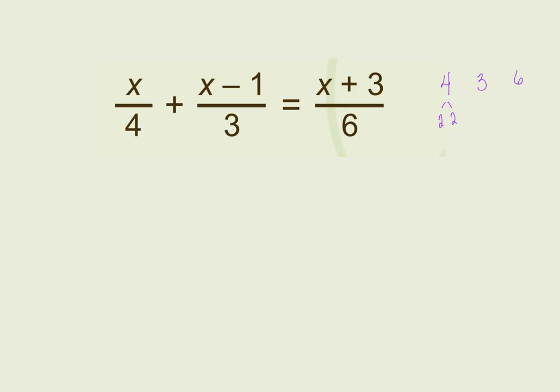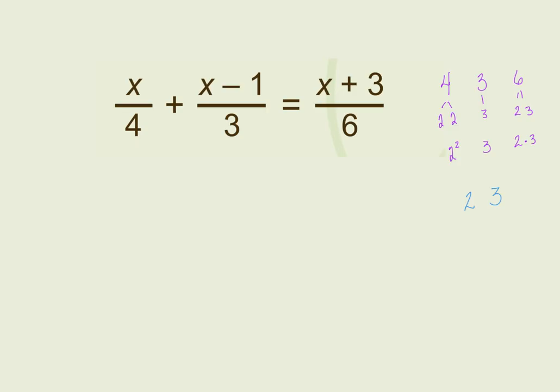So that is 2 times 2, or 2 squared. This is just 3, so 3 to the first power. And this is 2 times 3. So when I'm thinking about the least common denominator, I'm going to look at all of these numbers. I have a 2 and I have a 3.